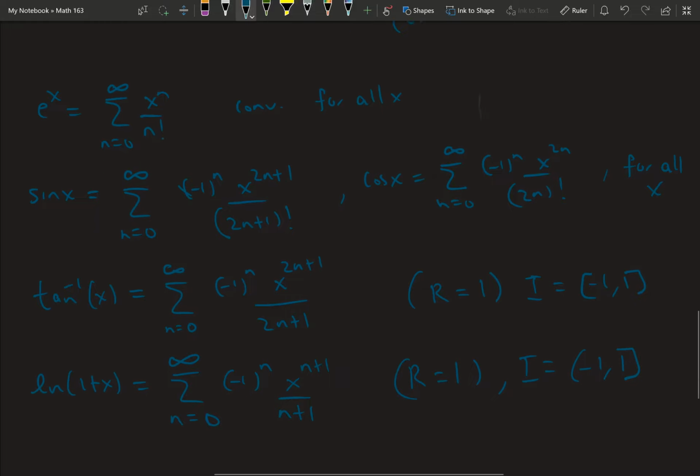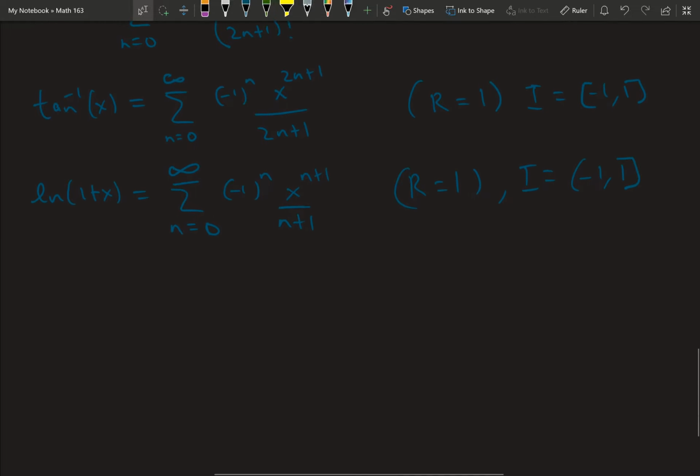So what I want to conclude this section with is an example where we're not centered at 0. So we're going to do an example of computing a Taylor series. Let f of x be 1 over x, and let's say we're centered at a equals 1. Instead of finding the whole Taylor series, maybe I'll leave you to do that.